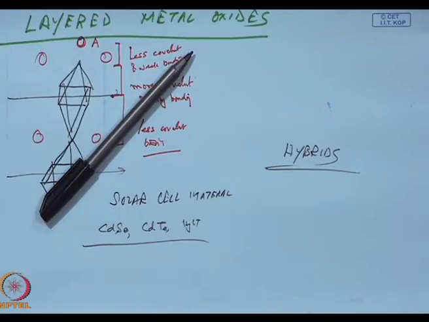So, in a sense, over the last 3 lectures, what I have tried to talk of is, other than bulk forming and thin film deposition, we have technologies in ceramics where we can deposit these materials layer by layer.